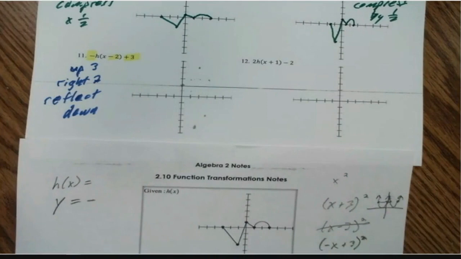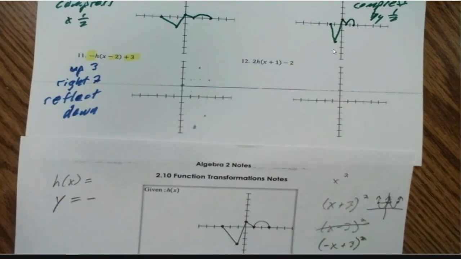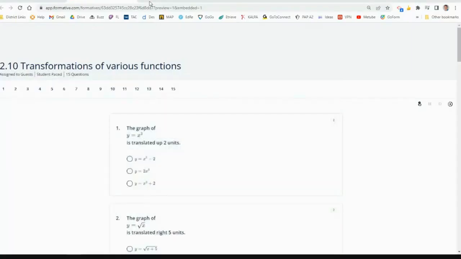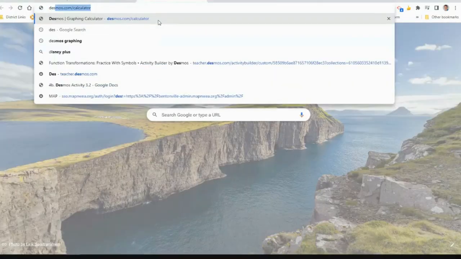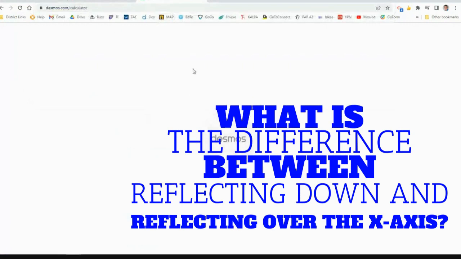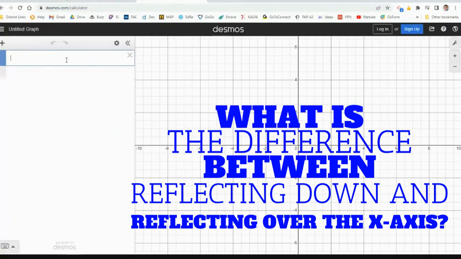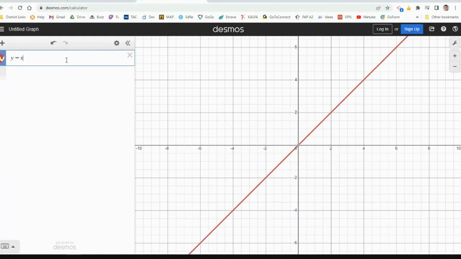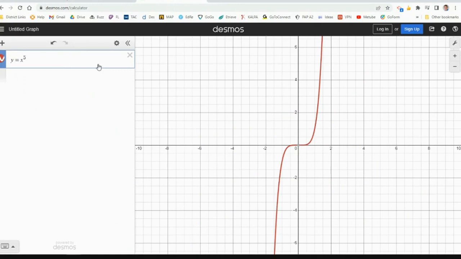That's the question. Both of these are correct. Let's look at that real quick. If I close this and open up a Desmos, we're just gonna make up an equation. Y equals x to the 5th. All right, so that's the original equation.